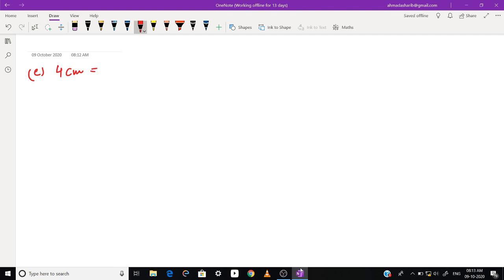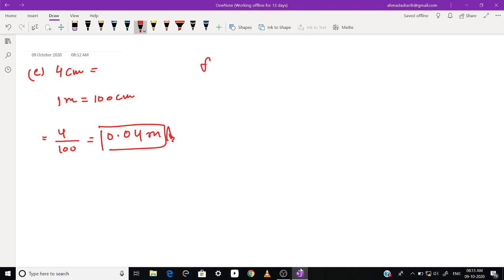Because you have to convert 4 centimeter into meter, first you are going to write 1 meter is equal to 100 centimeter. Then you have to divide 4 by 100 to change it into meter, and your answer is going to be 0.04 meter, and this is the final answer.